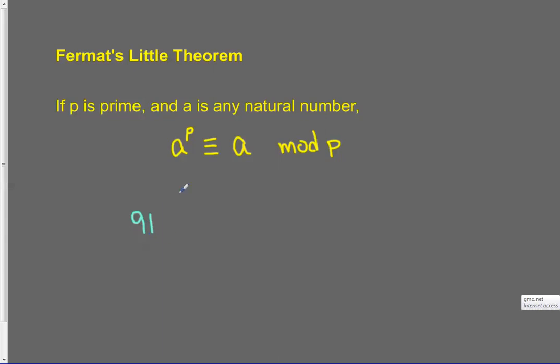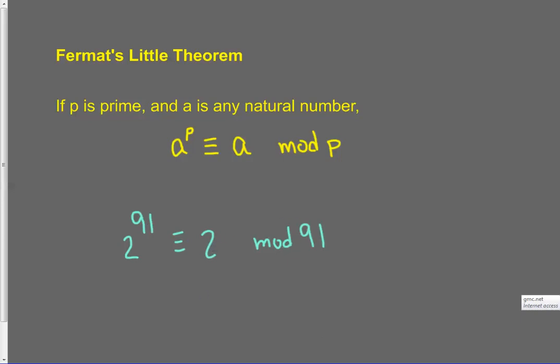So what we could do is take any number, a, say 2, that's the smallest one we can take, and see what 2 to the 91 is, and see if it's congruent to 2 when we mod by 91. So we'll compute 2 to the 91 and mod it by 91 and see if it's 2.